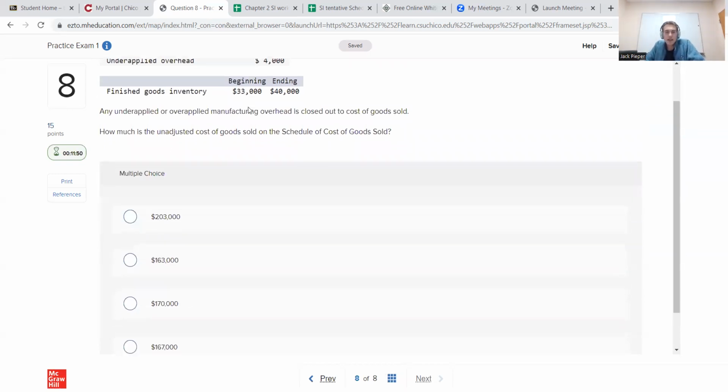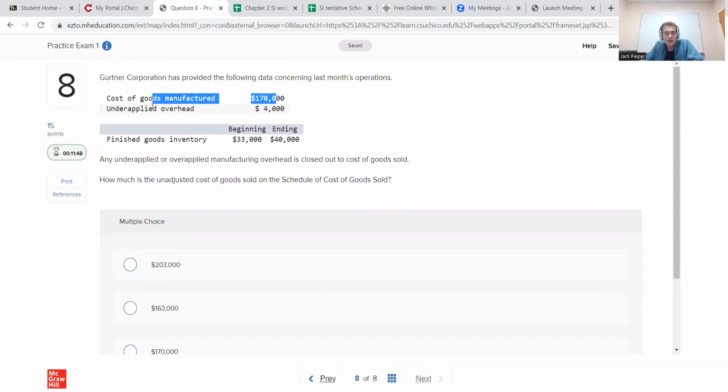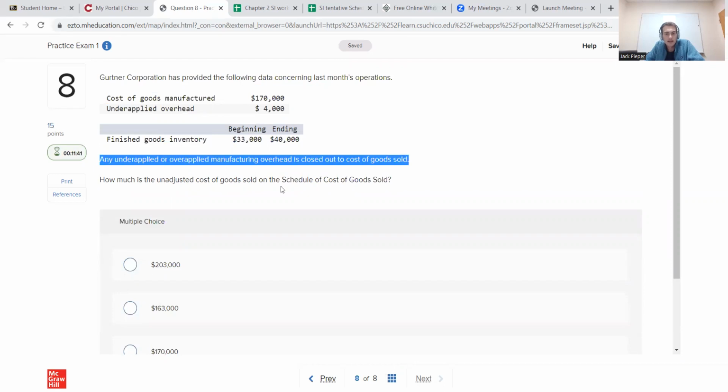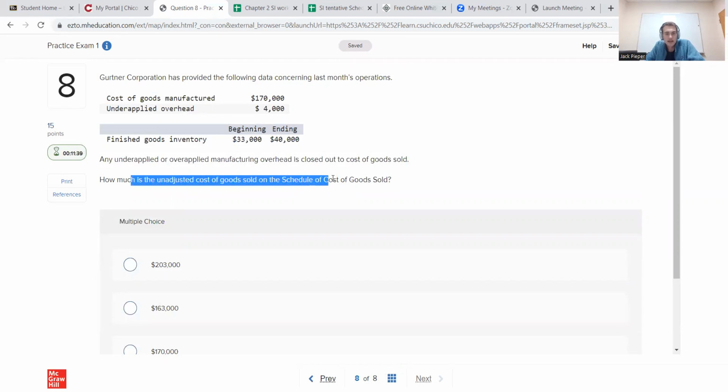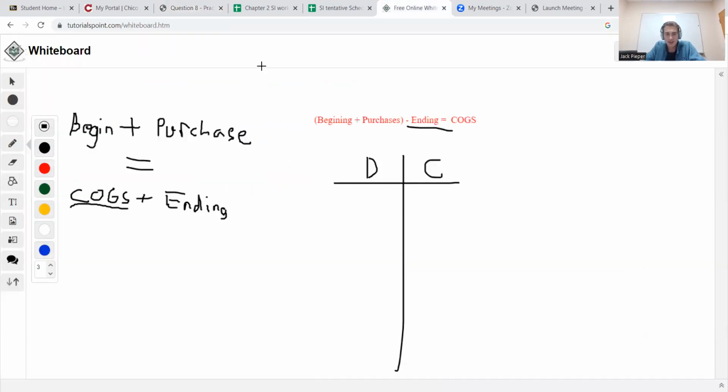The following data is from last month's operation: cost of goods manufactured, unapplied overhead, finished goods inventory, ending inventory. Any unapplied overhead is closed to cost of goods sold. How much is the unadjusted cost of goods sold on the schedule of cost of goods sold? Okay, so we're asking for the unadjusted cost of goods sold, so we're not even going to deal with overhead or underapplied or overapplied overhead. What we are going to deal with is what I was showing you before.